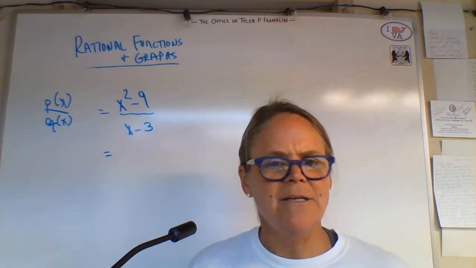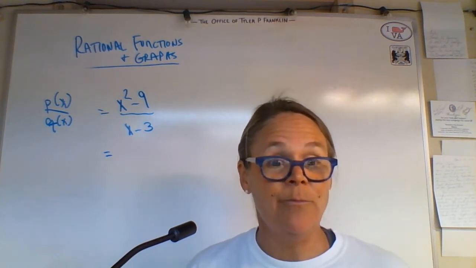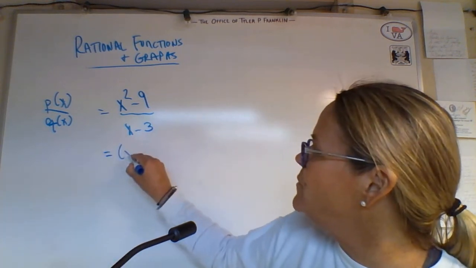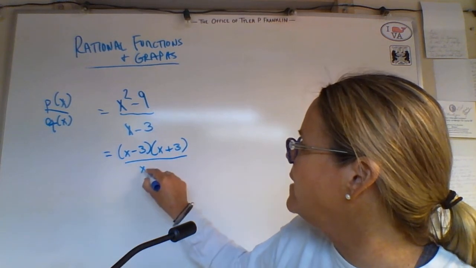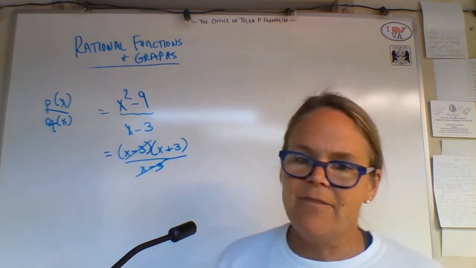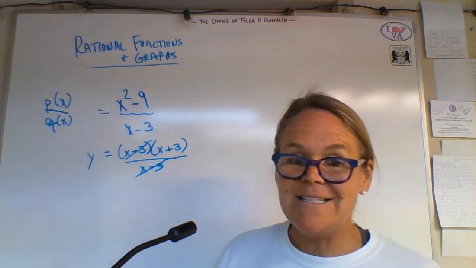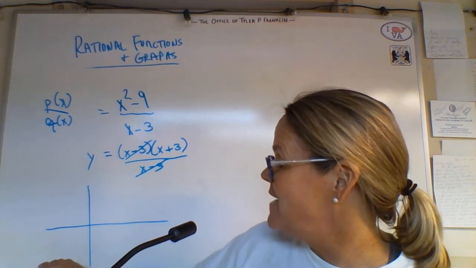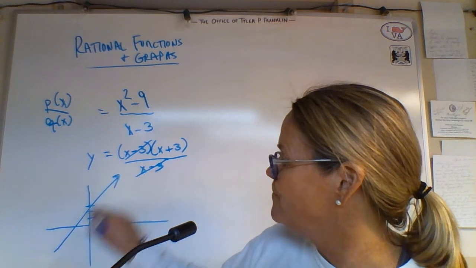But if I said, well, is there a vertical asymptote? Usually you would think it would be at x equals 3. But if you simplify the top and the bottom, that crosses off. So if you plug this into a graphing calculator, you're going to see something that looks like that.